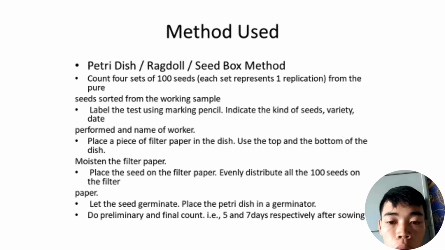And also, let the seeds germinate. Place the petri dish in germination and do a preliminary and final count. In collecting our data, from the start of storage, we need to record data at 5 days and 7 days after sowing.